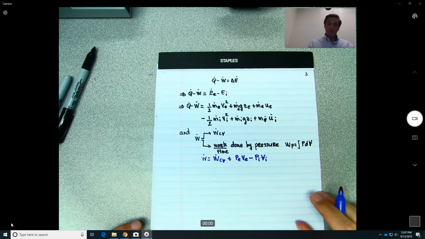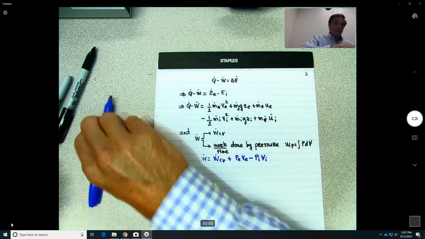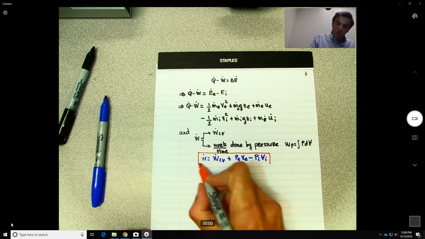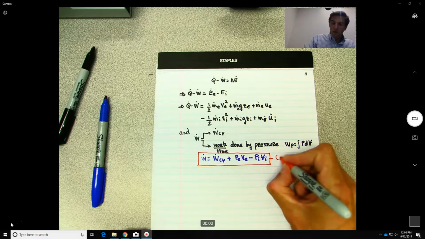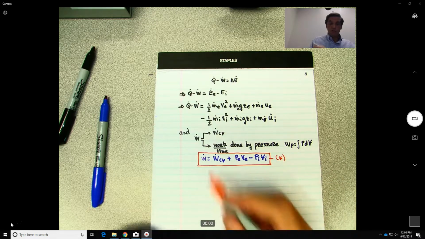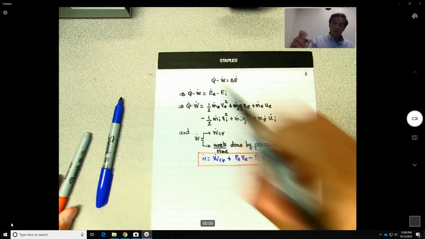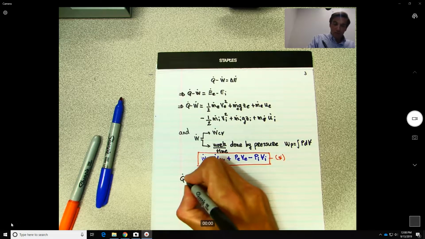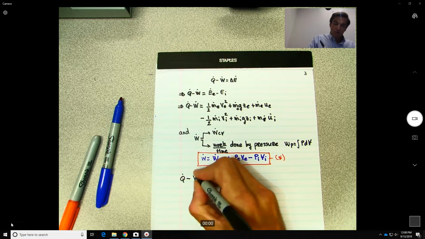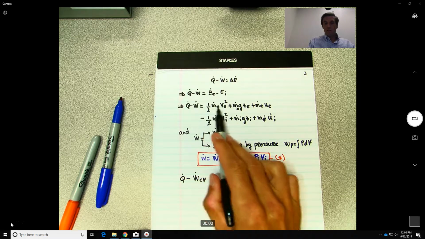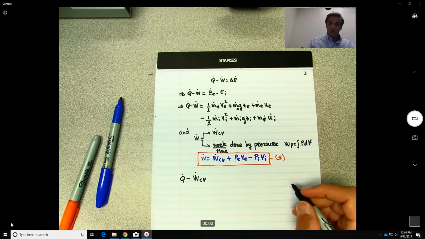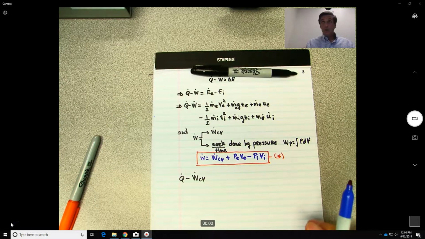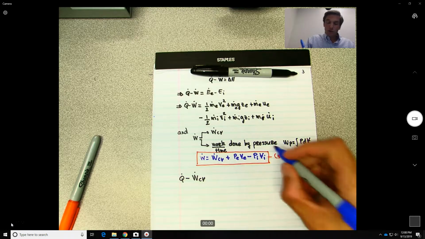Okay, on the equation. So now what I'm going to do is substitute this equation into this equation here. So what do we get? We're going to get Q minus the control volume power. This term can move to the other side, so I can just add it to this one. Oops, this will be just the work, so I'm not adding per unit mass.